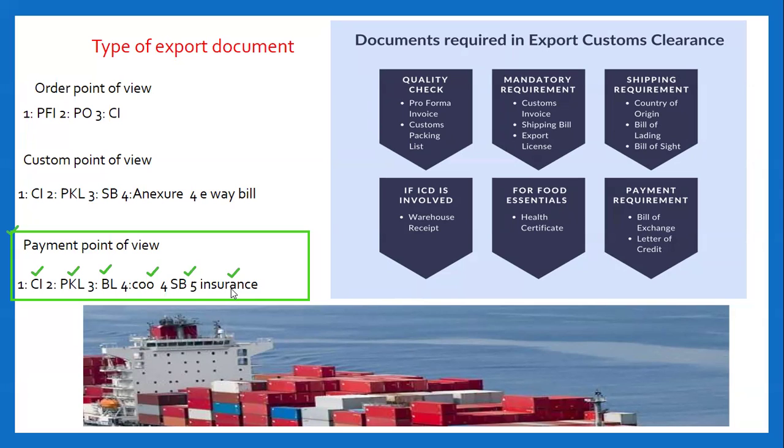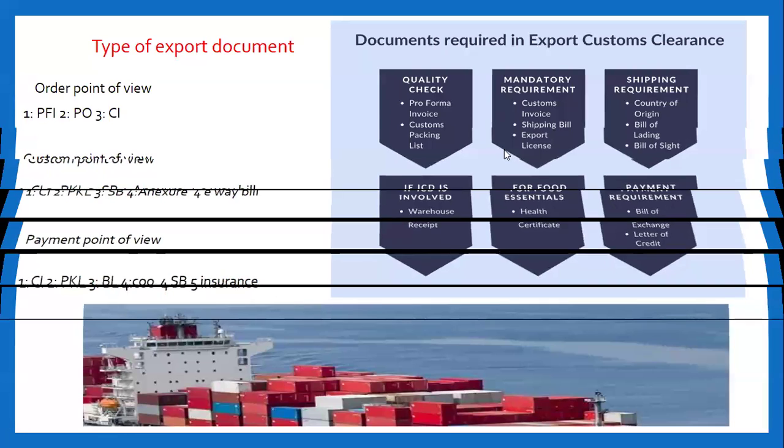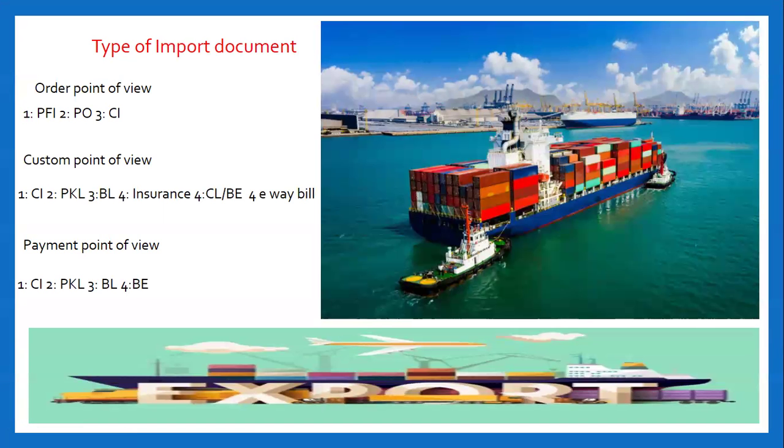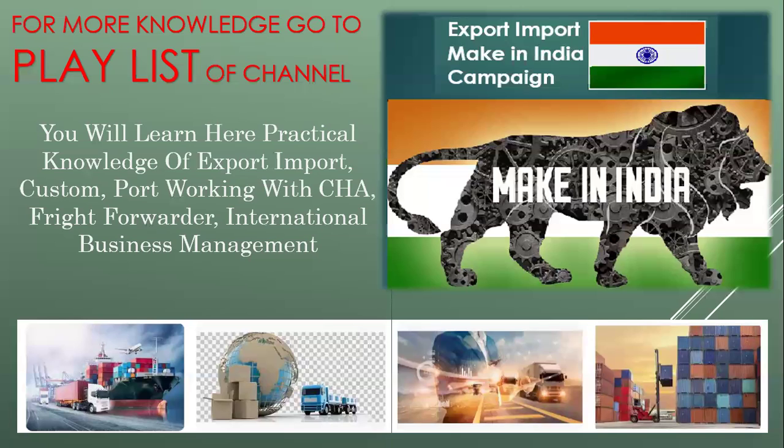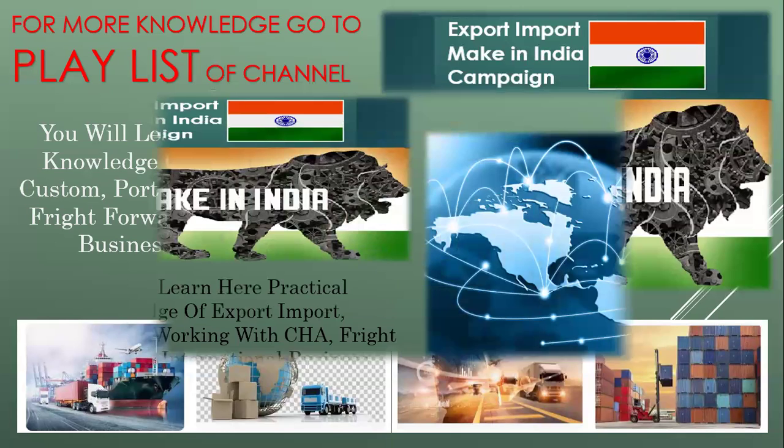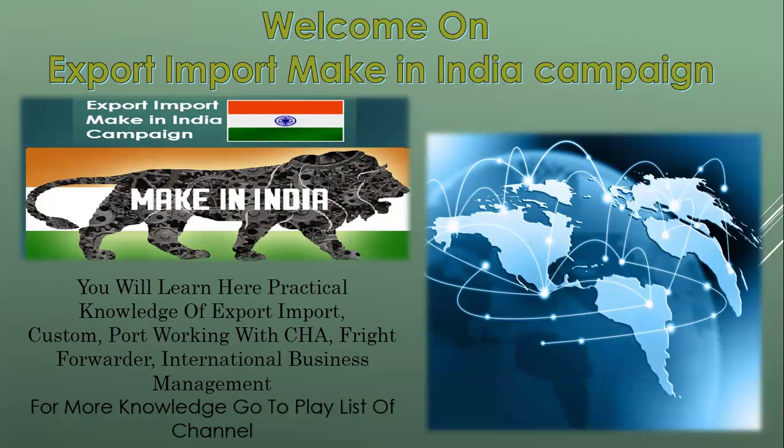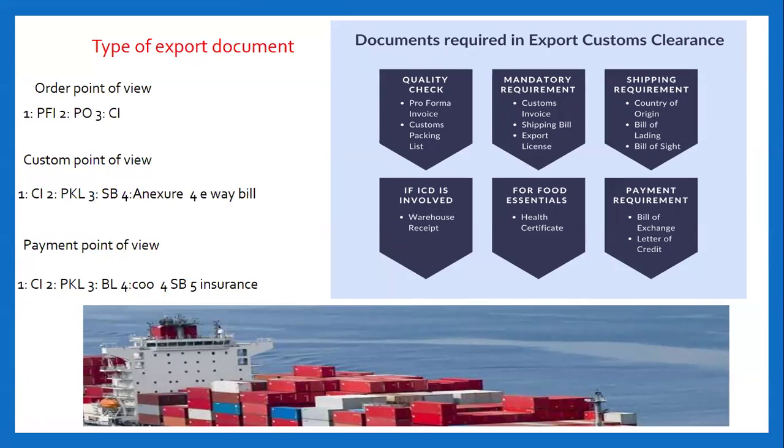Along with this application you submit these documents. In the next stage, when you submit them to your bank, your bank will dispatch the documents to the buyer's bank. Then the buyer's bank will dispatch the documents to the buyer. So this is the process in which the payment proceeds.